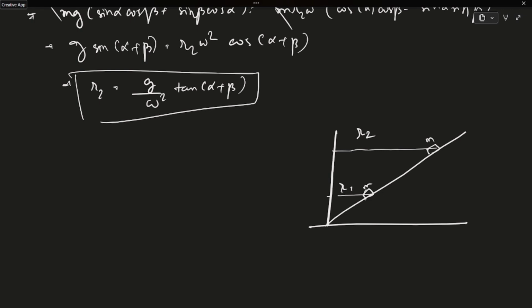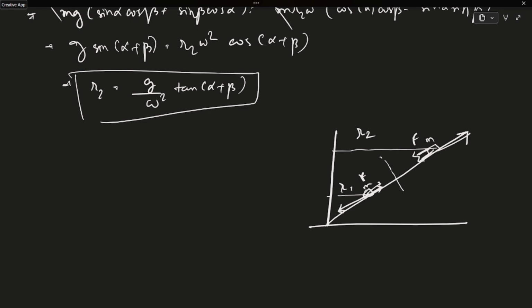Here in R1, the mg component is greater than the pseudo force component, so friction acts upward with its maximum value. Here in R2, the pseudo force component is more than the gravity component, the weight component. So the friction acts downward with its maximum value.